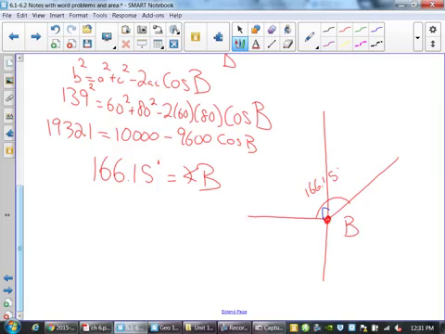So all I need to know to figure out what my bearing is off of north is what's left over from that right angle. All I have to do is subtract out the 90 degrees from that, and you get 76.15 degrees. So the bearing, because it's north, and then I came down 76.15 east, because I went to that side.